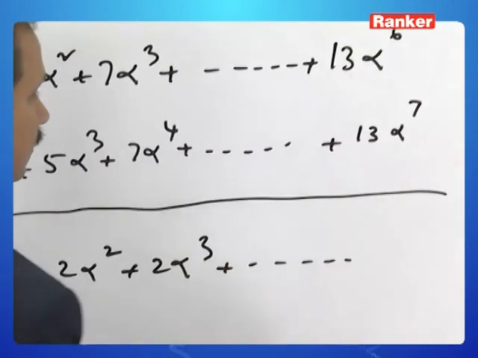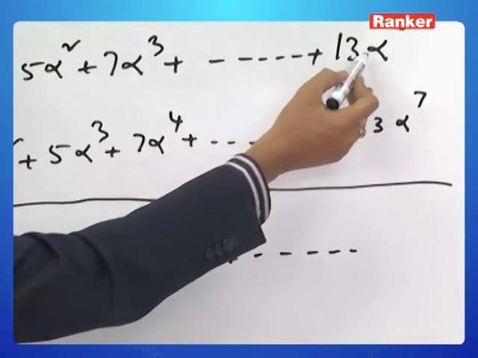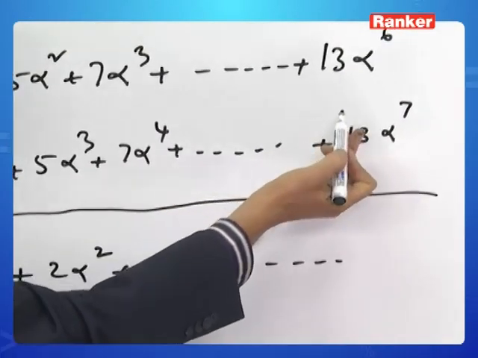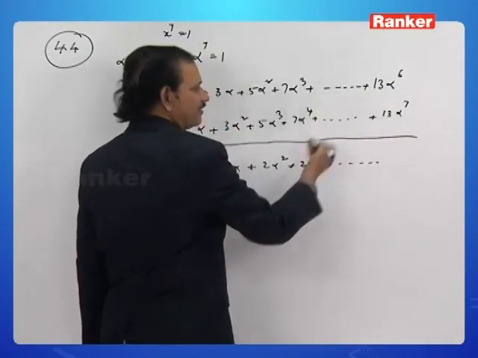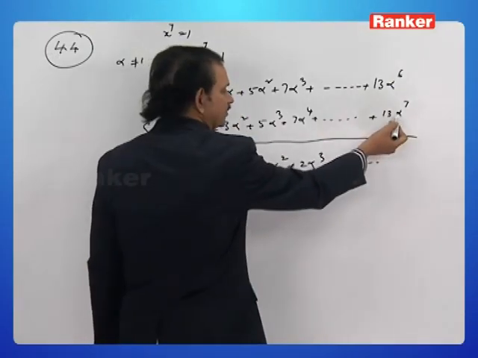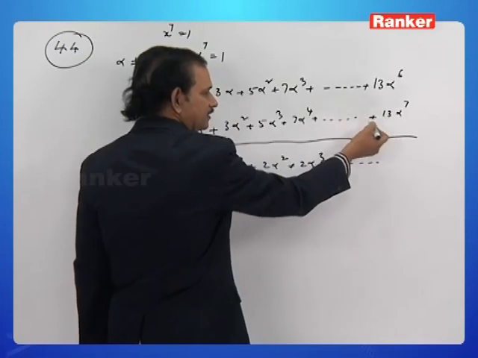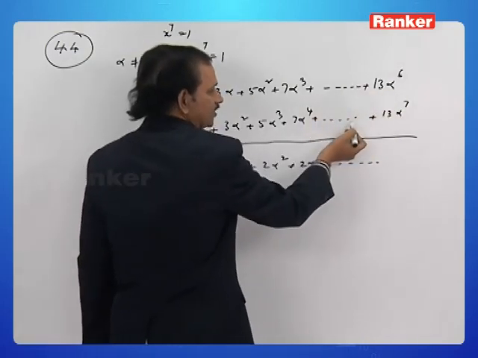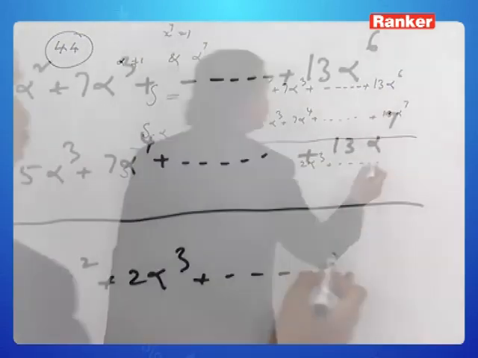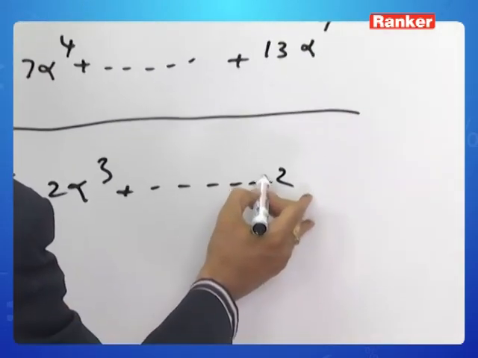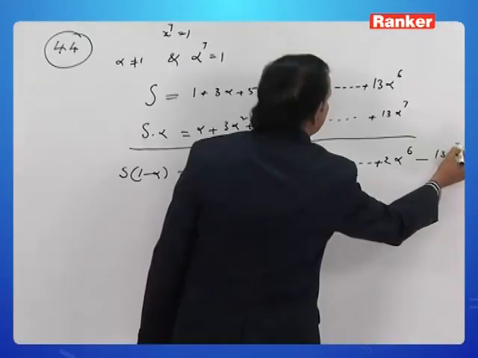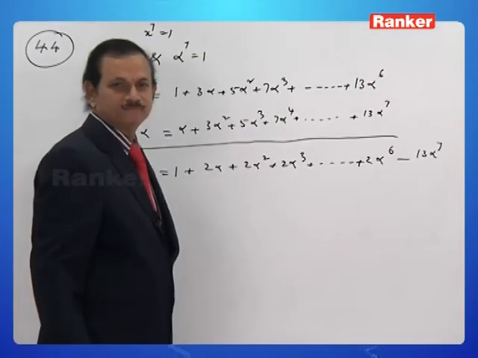And so on. 13 alpha power 6 minus 11 alpha power 6. What is the term which lies just before this? It is 13 alpha power 7. So 13 alpha power 6 minus 11 alpha power 6 is 2 alpha power 6, minus 13 alpha power 7, isn't it?